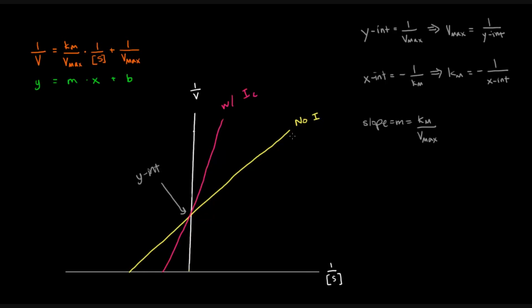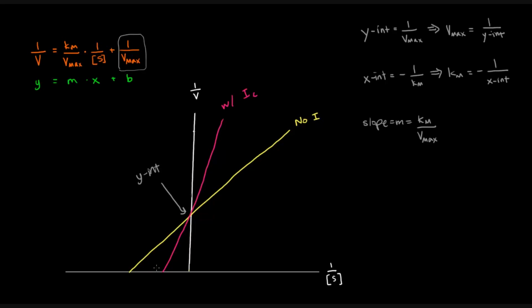Again, yellow, no inhibitor, pink with competitive inhibitor. So we notice that the y-intercept for both of those graphs is the same. It doesn't change. So the yellow one is the uninhibited reaction, and the pink one is the inhibited reaction, but the y-intercept doesn't change. Why is that? Well, the y-intercept is equal to 1 over the Vmax, and the Vmax did not change. So it makes sense that the y-intercept does not change.